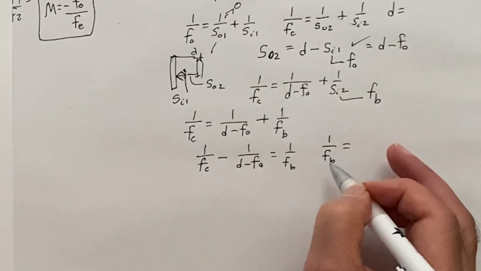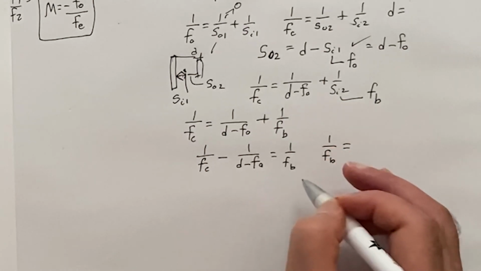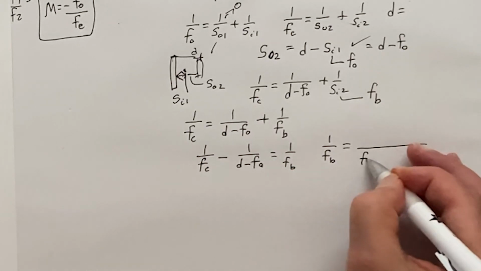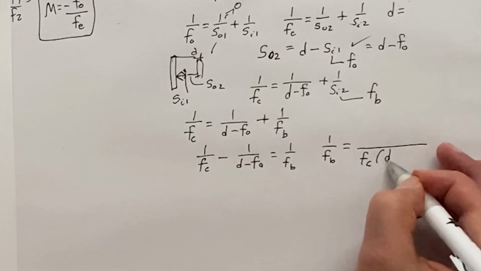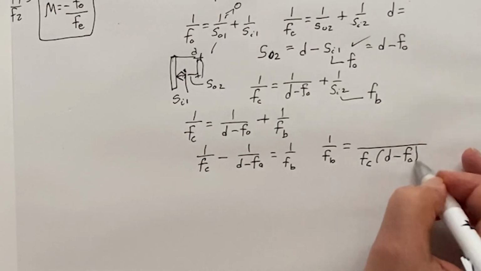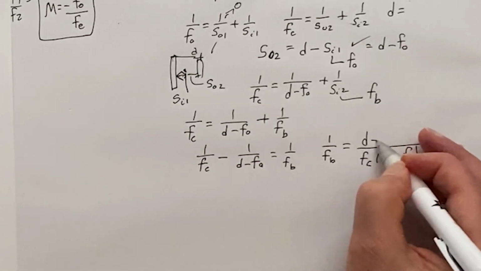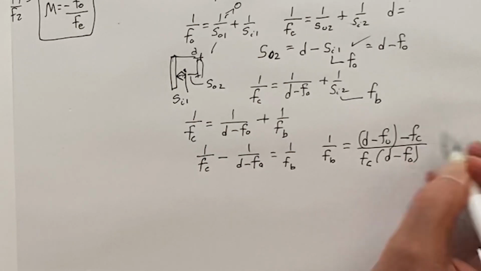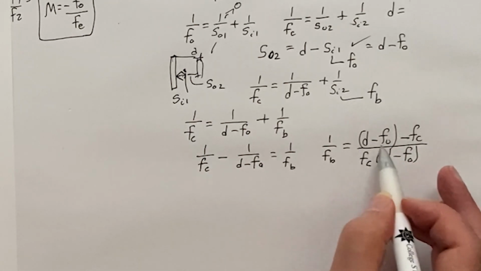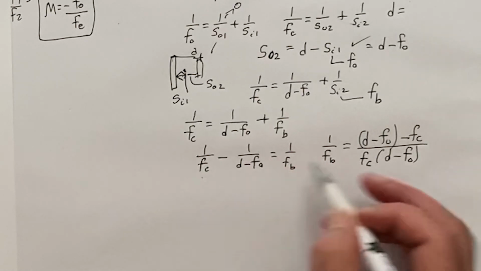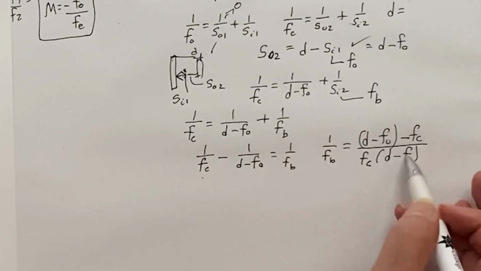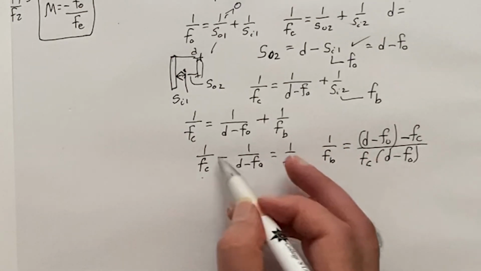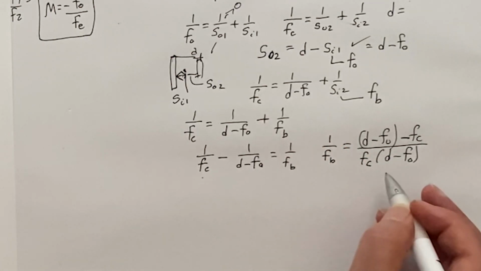So the 1 over FB is going to be, we're going to basically combine these two things together. FC and D minus FO. So there'll be a D minus FO here minus FC. So these will cancel here. That's your 1 over FC. And then your FC's cancel. That's 1 over your D minus FO, and there's a minus sign there as we're subtracting.